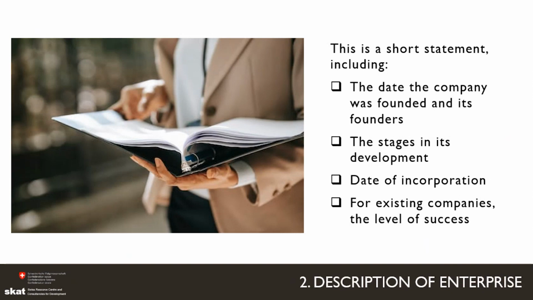The description of the enterprise is just a short statement showing the date the company was founded, the stage in its development, and the date of incorporation. If it is an existing company, you also need to state the level of success.